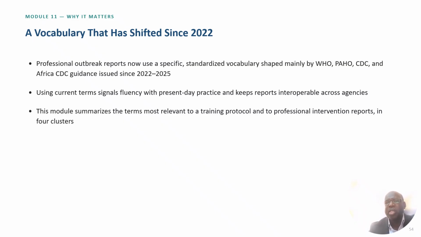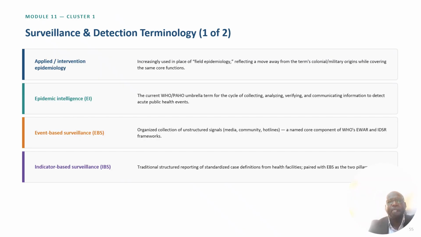It is an operational definition, shaped mainly by WHO, CDC, and others. Using the current terms fluently in practice keeps reports interpretable across agencies. When we use a single language, everything is easier for those participating in this field.